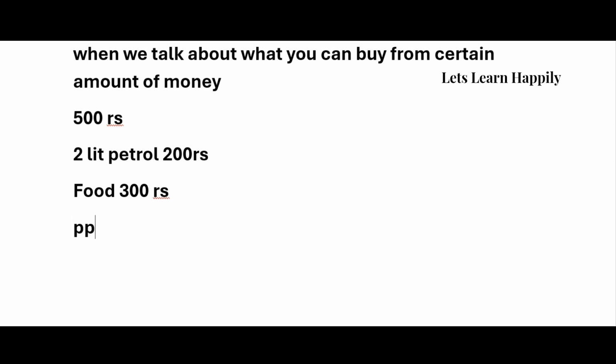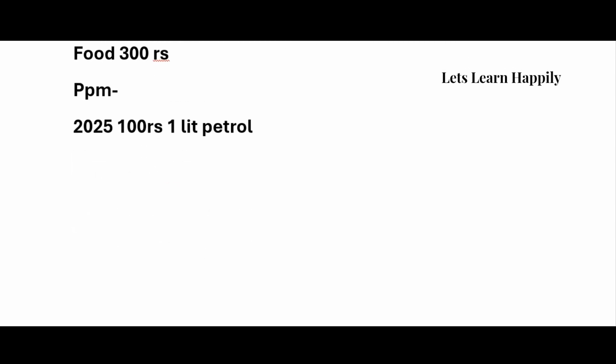So, purchasing power of money. Let's say this is the year 2025, and we have 100 rupees in 2025, and from this 100 rupees we can have 1 liter of petrol. This is the real scene in India, we can have 1 liter of petrol for 100 rupees. Now, see the other cases.